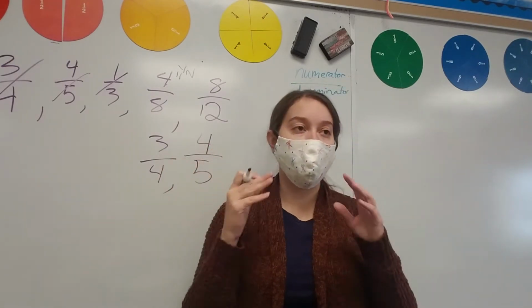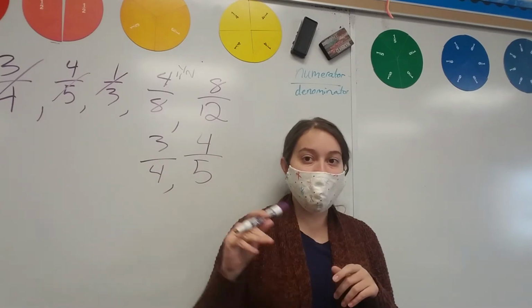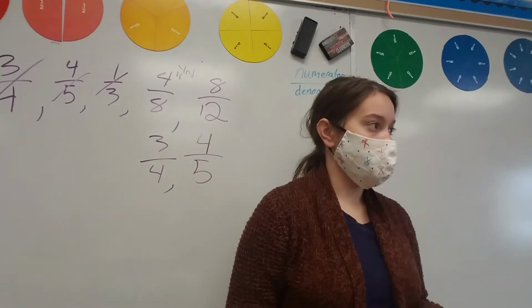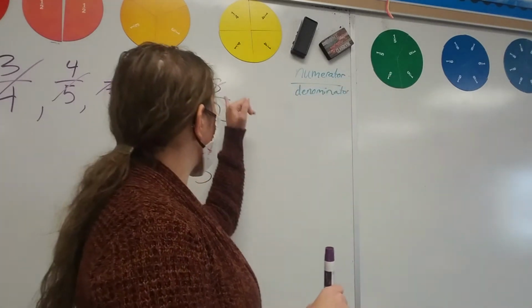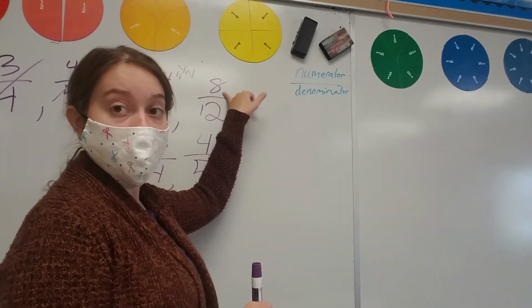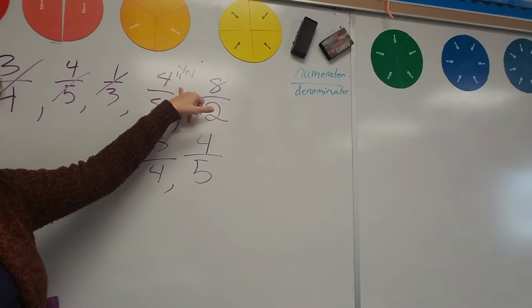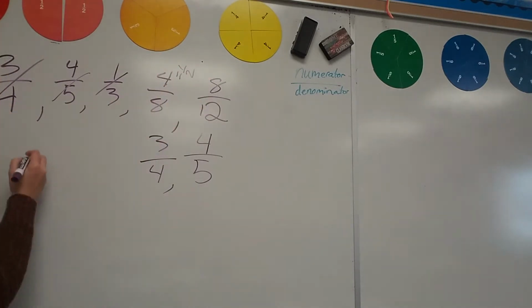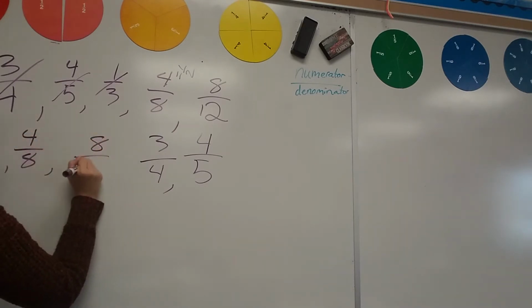What is half of 12? 6, right? Is 8 more or less than 6? More, right? So, we have more than half here. We only have half here, right? Does that make sense? We have a half, and we have just over a half. So we have 4/8 and 8/12.